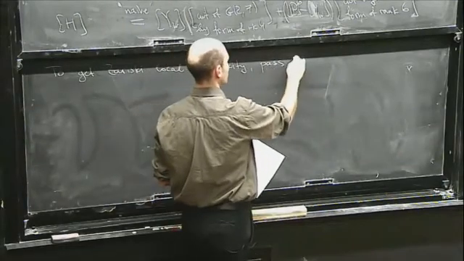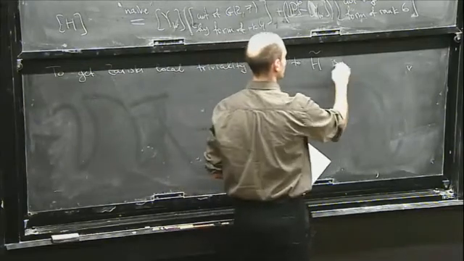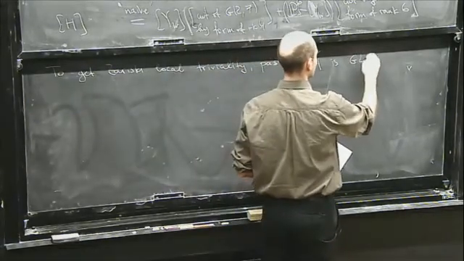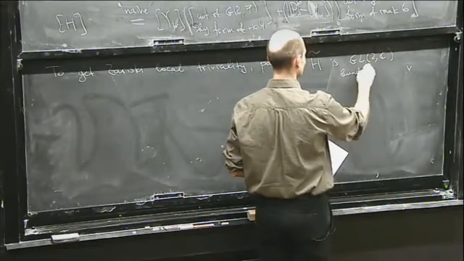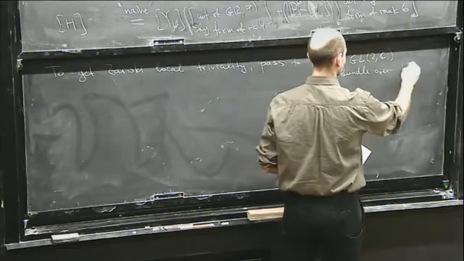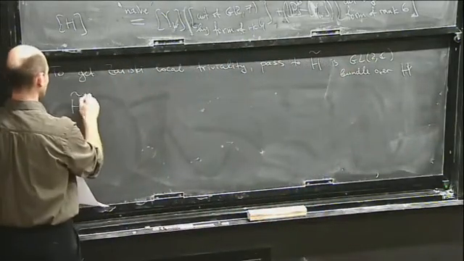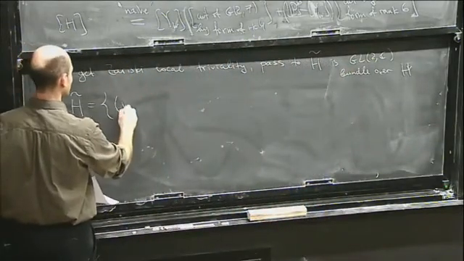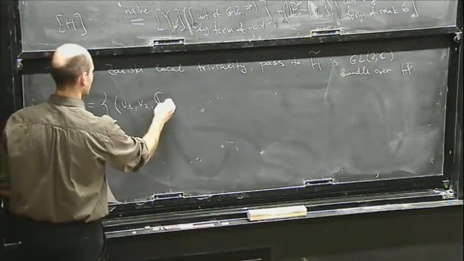I'm going to pass to something I called H-twiddle, which is a principal GL2C bundle over H. And specifically what H-twiddle is, it's a collection of V1, V2, and CW.